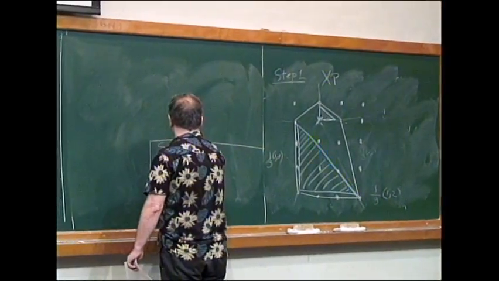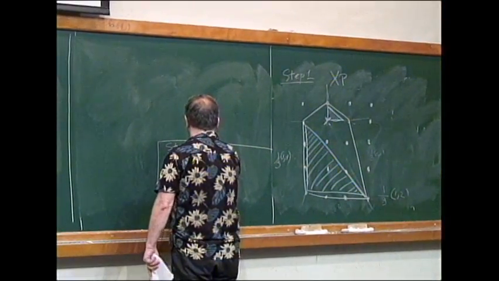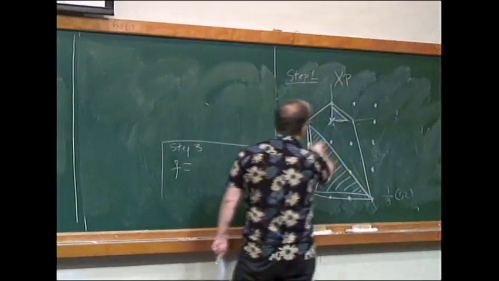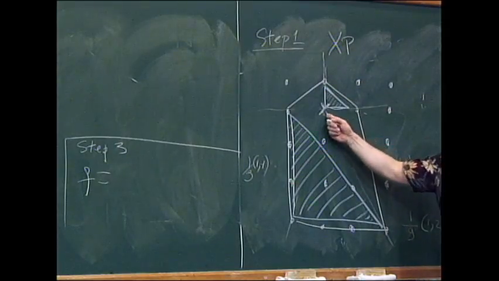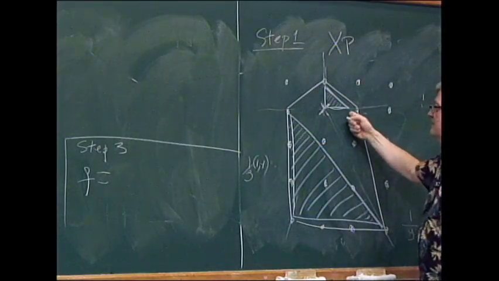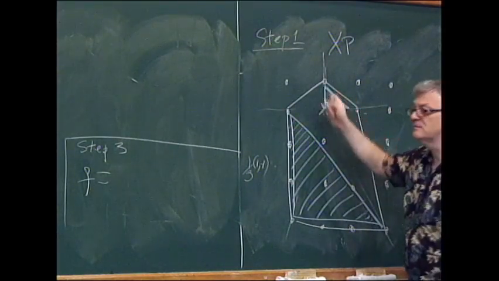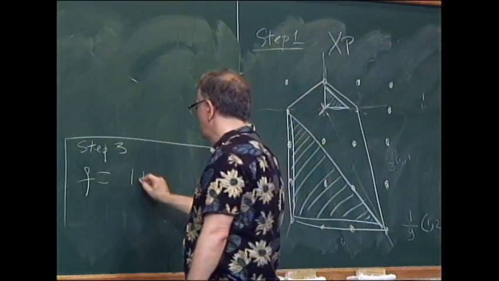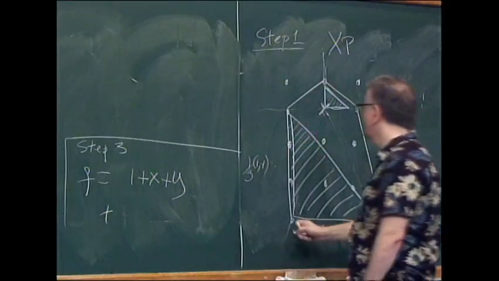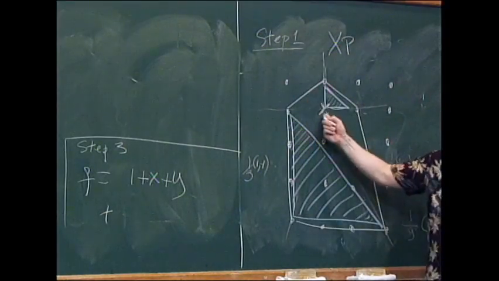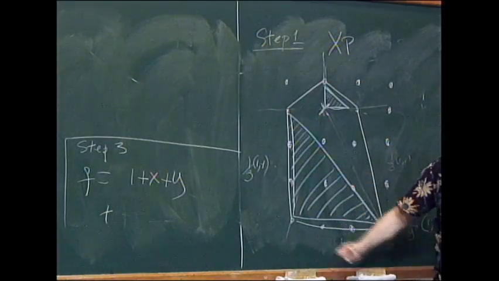So this is step 3 here. And when I see this picture, that's it for me, okay? That's the origin, so that's x and that's y. So I write 1 plus x plus y. So the point down here is x to the minus 1, y to the minus 3.